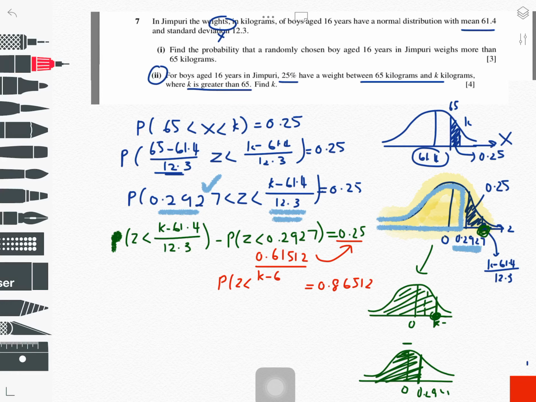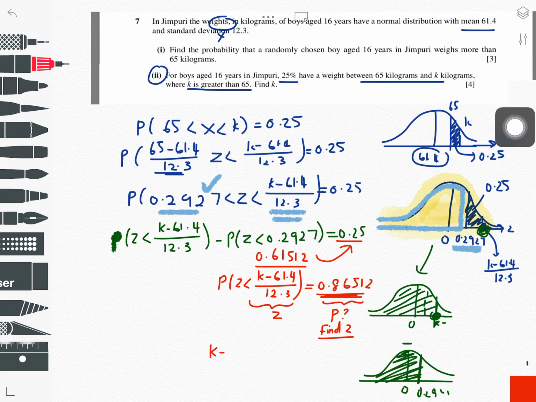Now, do not take the k minus 61.4 over 12.3 and equate this to this one. Why can you not do that? Because this is your z value. This is still your p value. For this particular p value, go and find the z from the table.